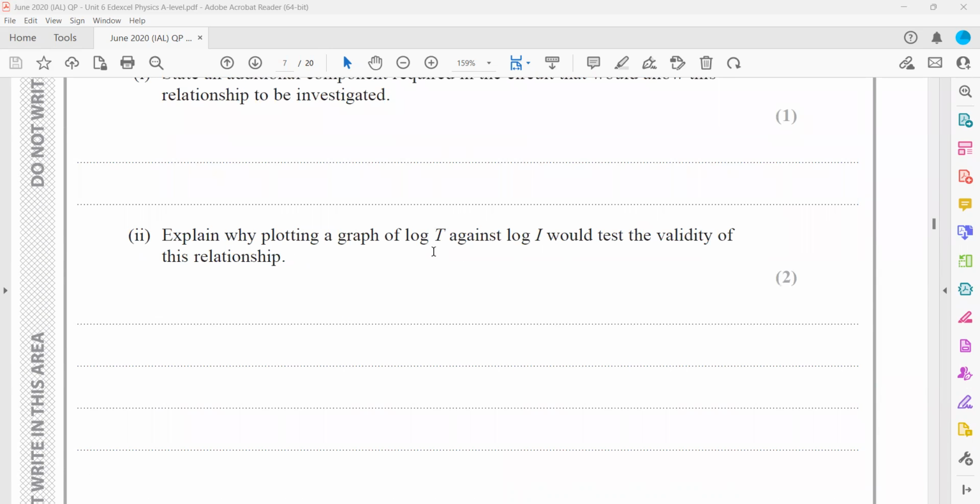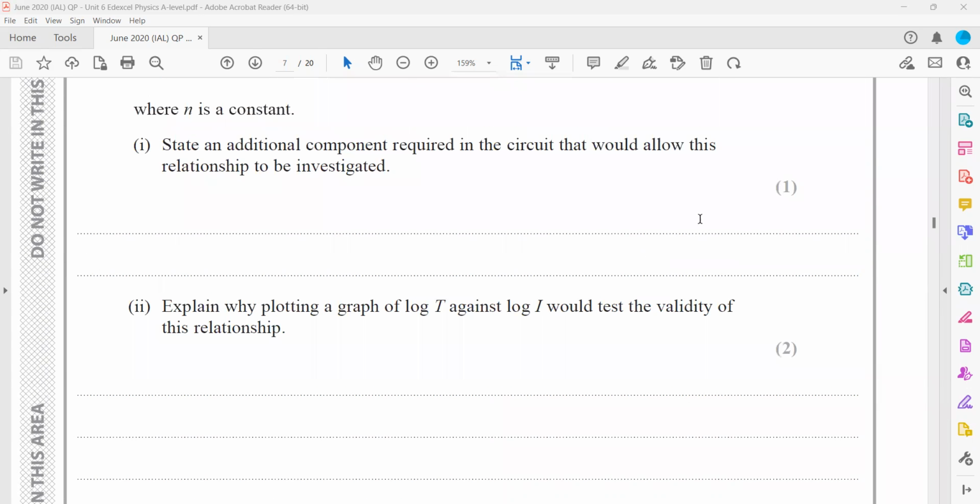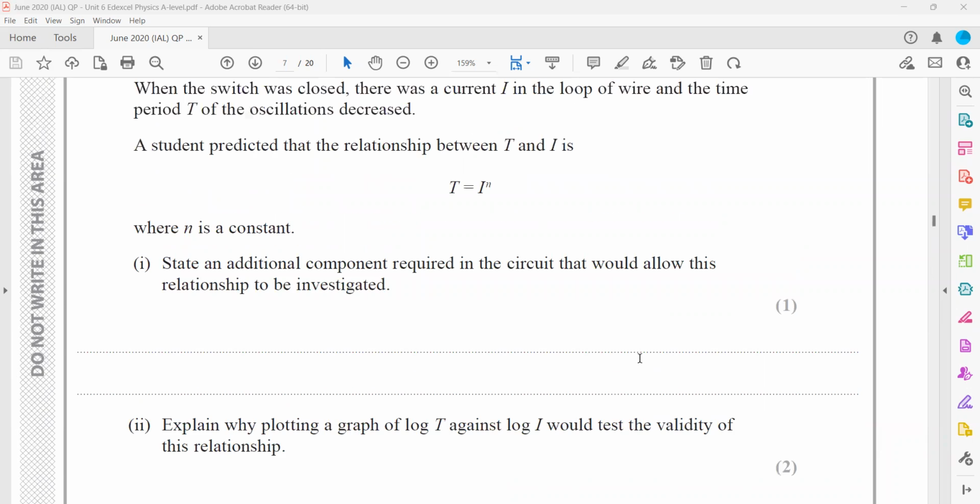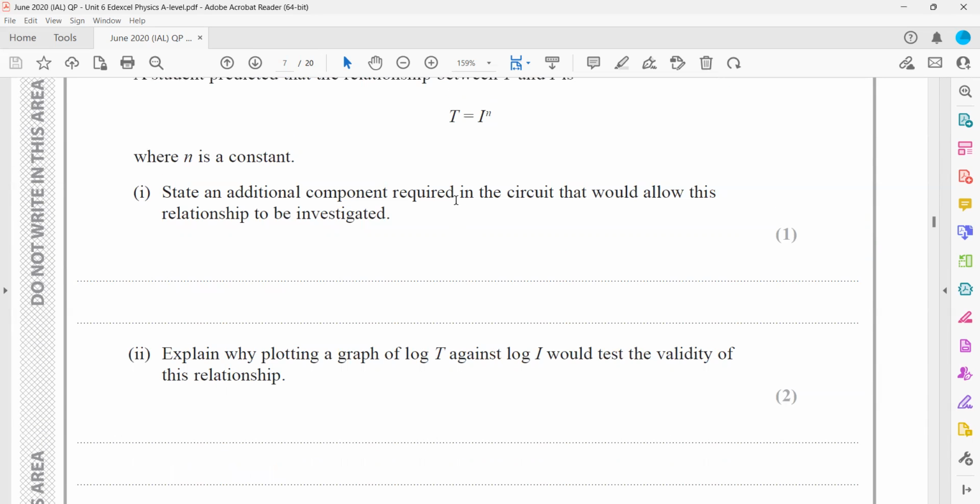Explain why plotting a graph of log T against log I would test the validity of the relation. How can we check the validity of the result? We have the relation T equals I to the power n.